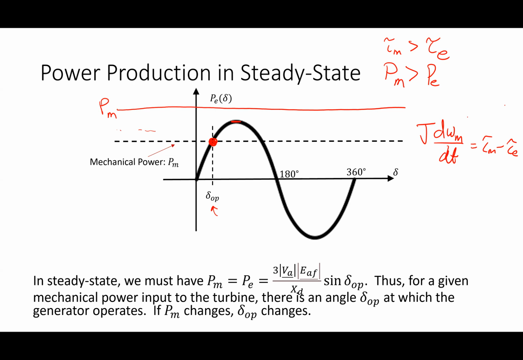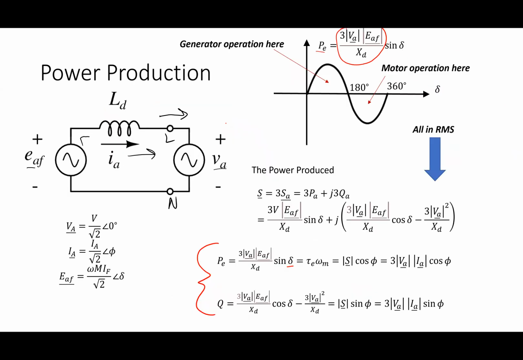The more likely thing to have happen is that I have a short on the grid, right? At the terminals of the machine, if the grid shorts, then this curve moves, right? So in other words, this curve, which is proportional to the grid voltage and this impedance, if the grid voltage changes because there's a short circuit on the grid, then this curve moves itself.